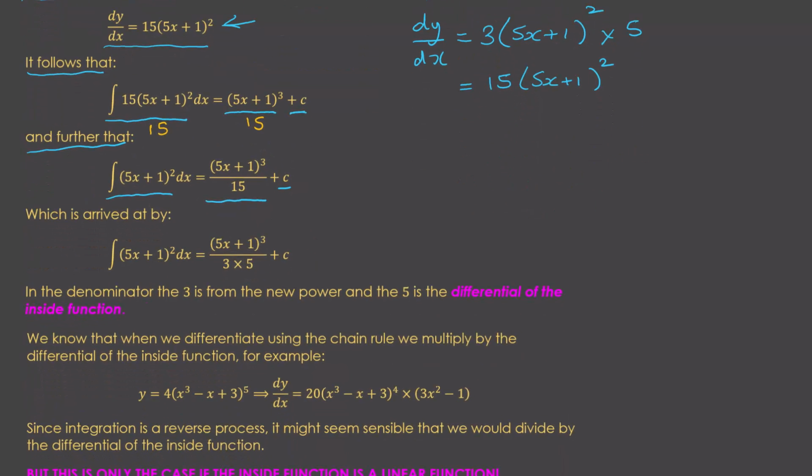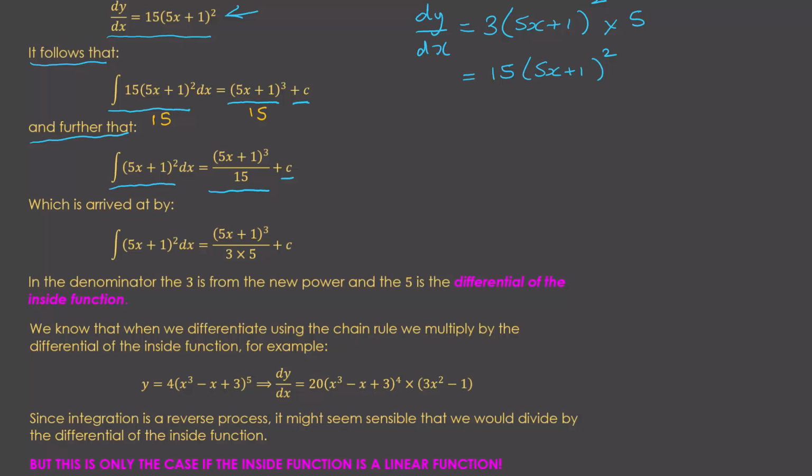But another way of looking at that is the integral of (5x plus 1) squared dx. You integrate by increasing the power by 1 and dividing by the new power. But you also have to divide by the differential of the inside function.